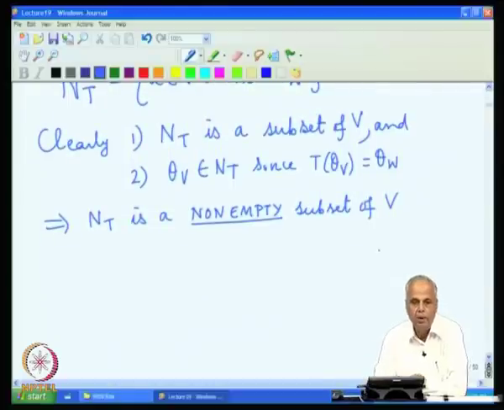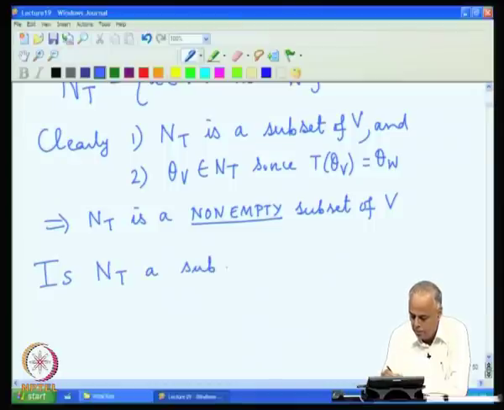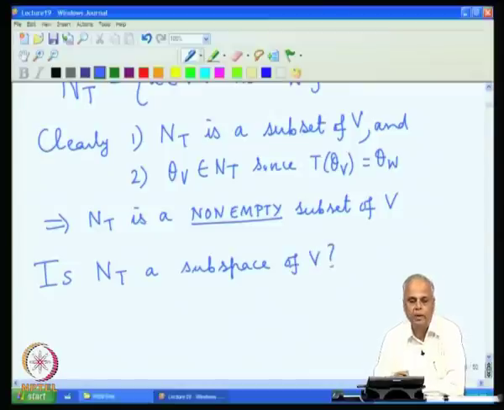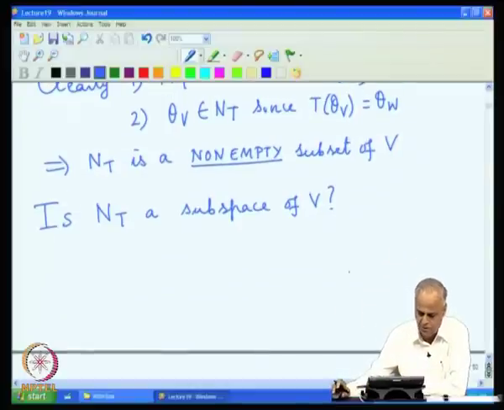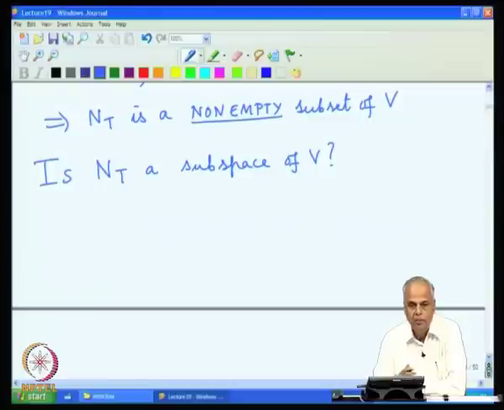Now, whenever we have a non-empty subset of a vector space, the natural question that we ask is whether it is a subspace. So, is NT a subspace of V? In order to make sure that NT is a subspace, we must make sure that NT is closed with respect to the two basic operations of the vector space.